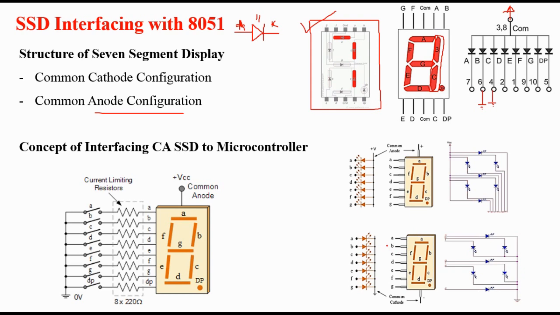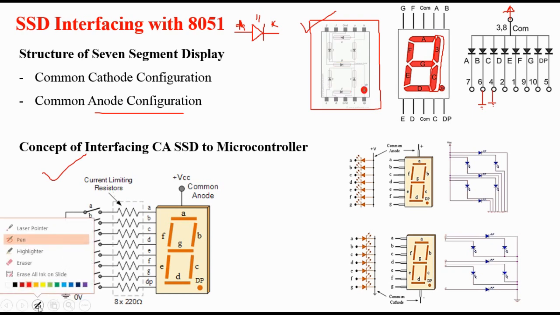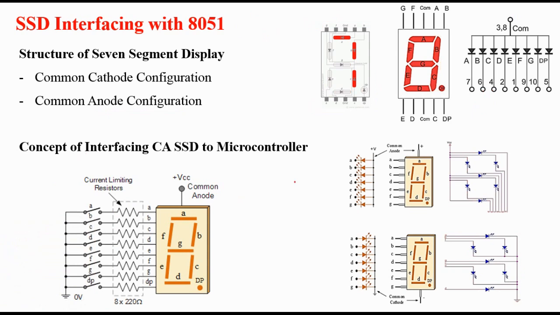Now as we have seen the common anode configuration, practically it is designed in this way. It is shown over here, because each LED should have one resistor with it. LEDs normally allow 20 to 25 milliampere current to flow through them.